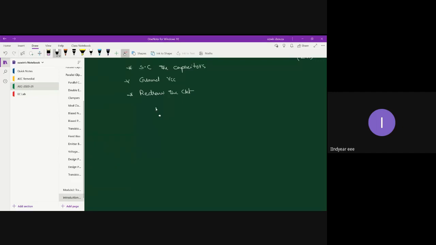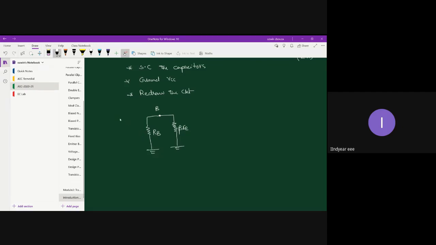So this is your base terminal. This is your beta re. I'm just placing the re model also. This is your beta re, and then comes the external biasing resistor RB.